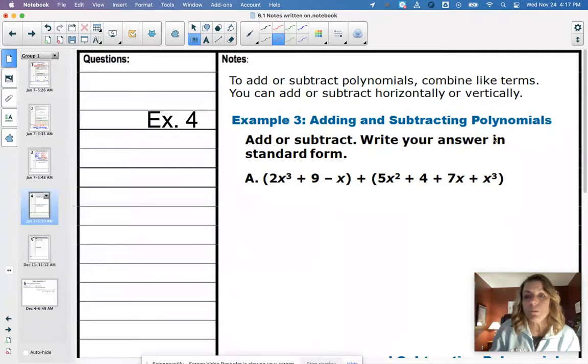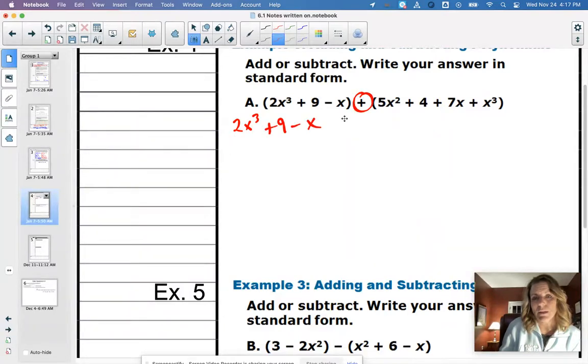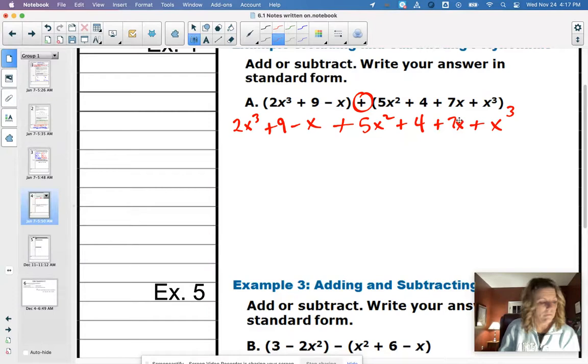To add or subtract polynomials, we're going to combine like terms. You can add or subtract horizontally or vertically. The way I like to go about this is if we're adding, the first thing I say is drop the parentheses. When you're adding, you can do that, because if you were distributing anything, it would just be distributing a 1. Combine like terms. Well, let's do that.